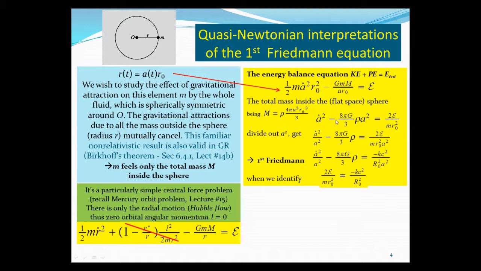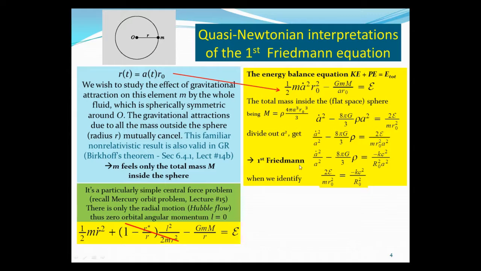The first term is a dot squared, and the second term just works out to be 8 pi G over 3 rho a squared. Just substitute M into here, and the r naught squared gets divided out. So the left side is multiplied by 2 over m r naught squared. Now divide by a squared, and we have this expression here.